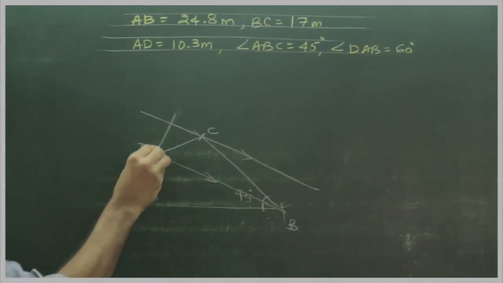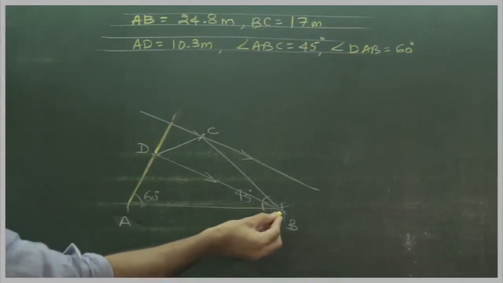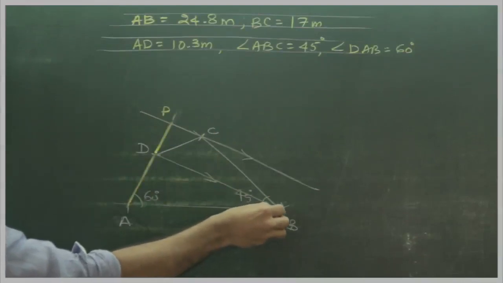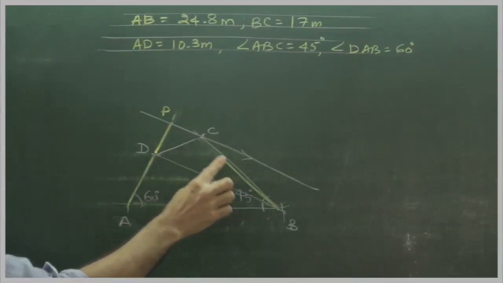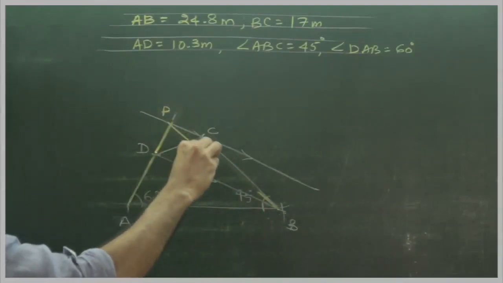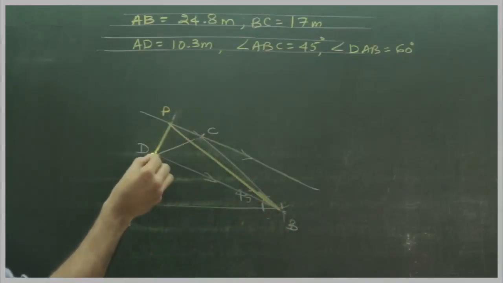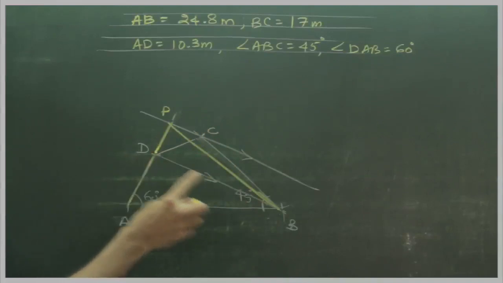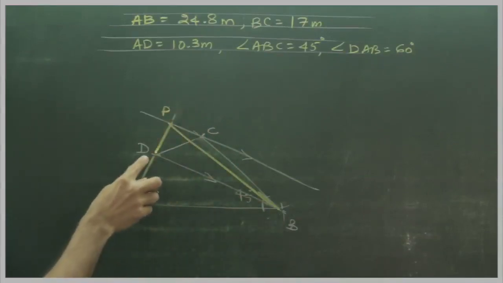So what we are doing is, instead of triangle BCD, we are going for triangle BPD. See this. So instead of BCD, we have triangle BPD according to the equal area theorem.